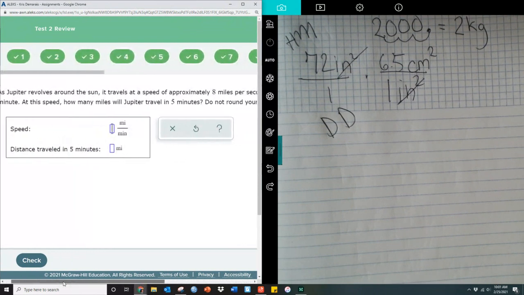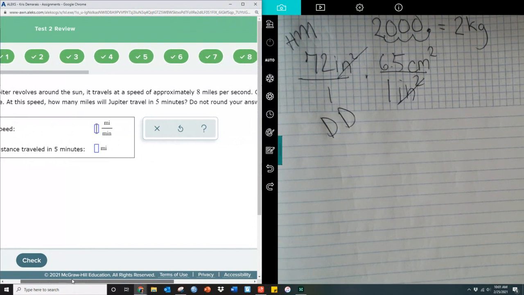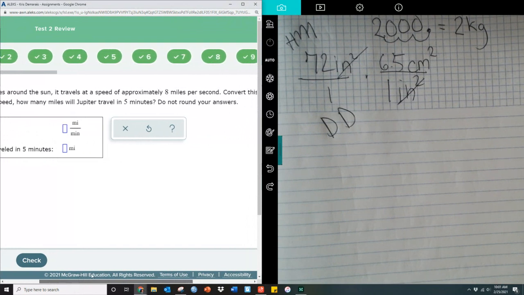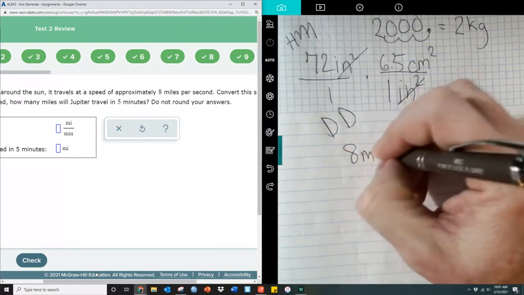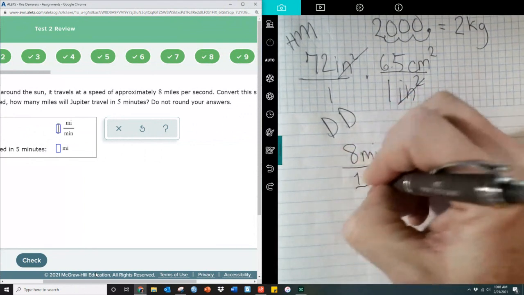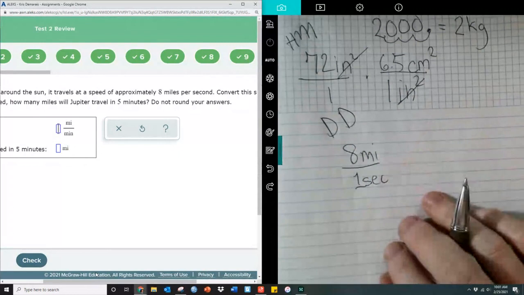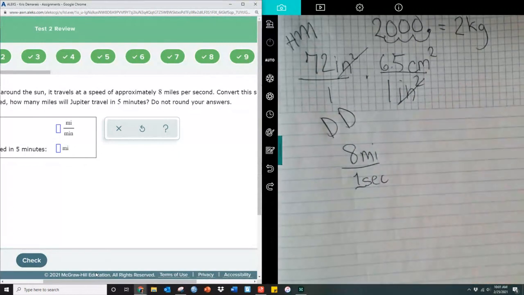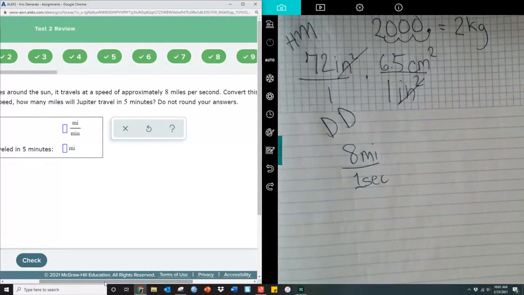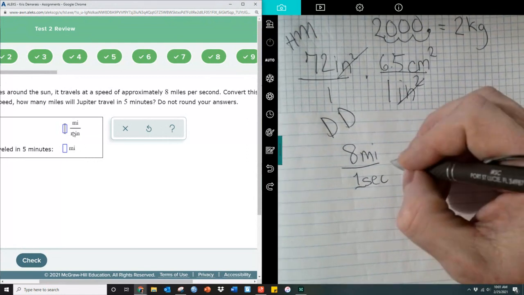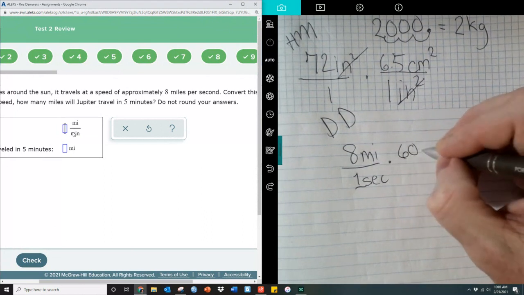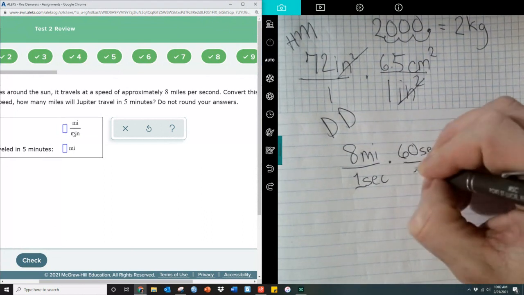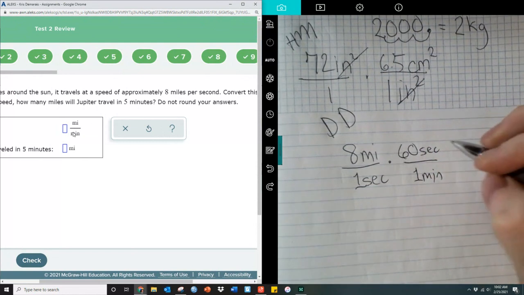All right, here we go, let's look at this. We have a speed of approximately 8 miles per second. The second is on the bottom here. We're trying to find miles per minute. There are 60 seconds in a minute, so we need to get rid of the seconds. This is 1 minute, all right?